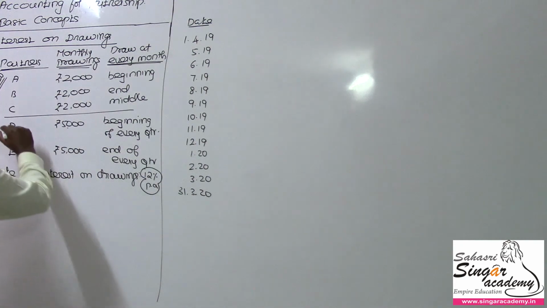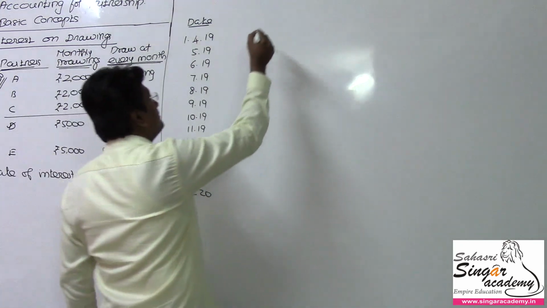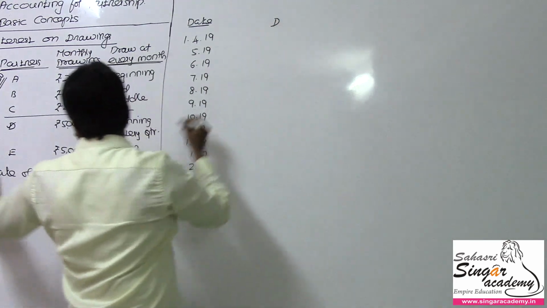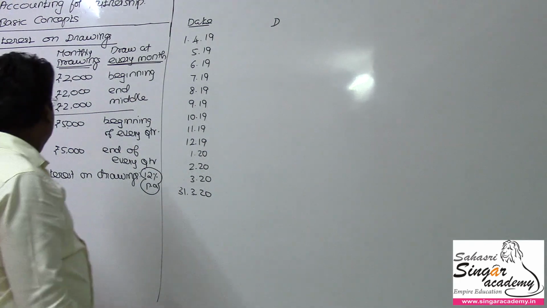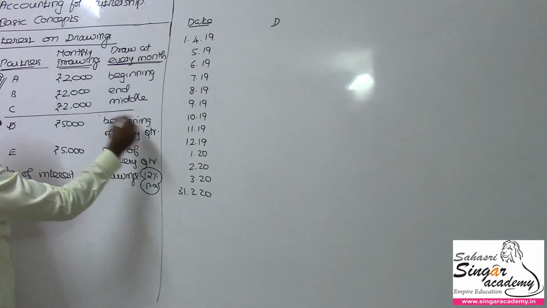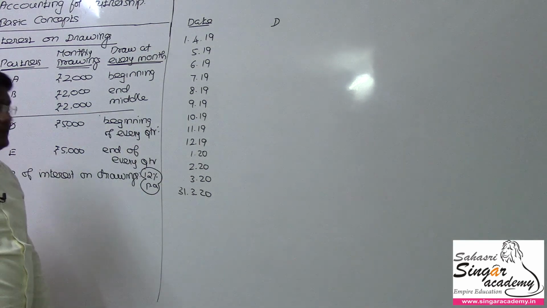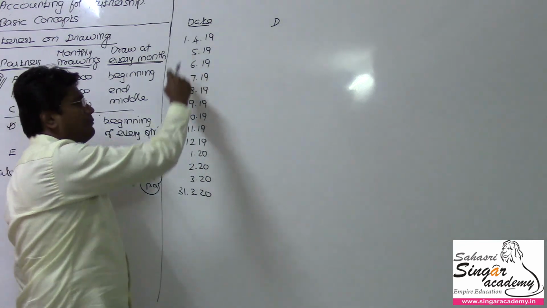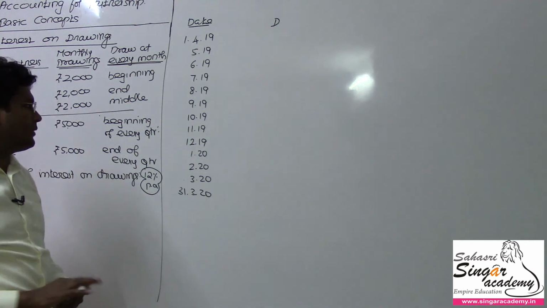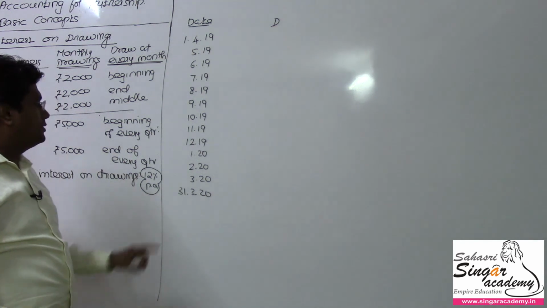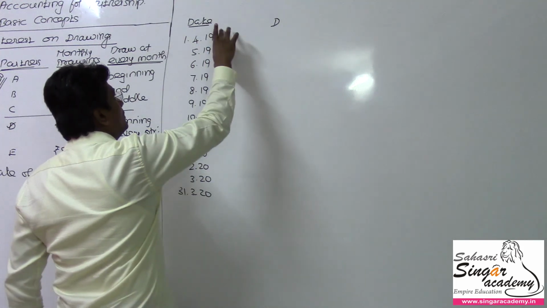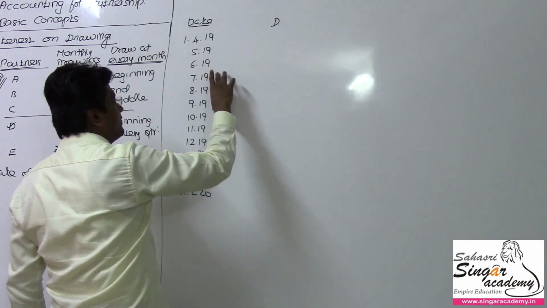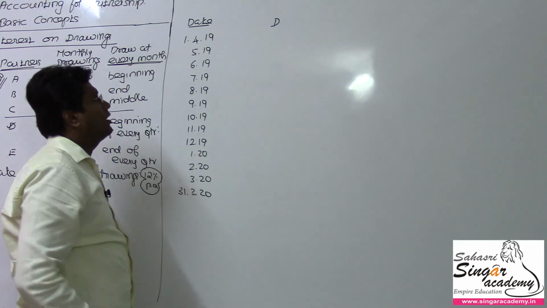Let's start with D. For D, the year being 2019-20, beginning of every quarter. Usually the financial year starts on 1st April and ends on 31st March 2020. The first quarter is April, May, June; the 7th, 8th and 9th months are the second quarter.